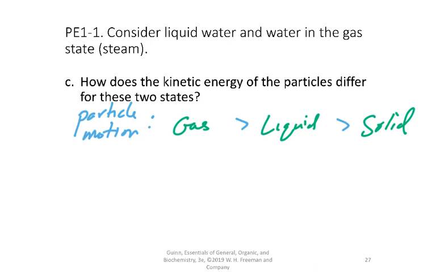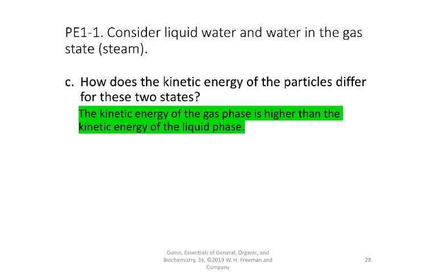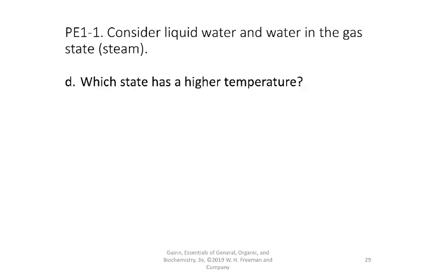And so we would say the kinetic energy of the gas phase is higher than the kinetic energy of the liquid phase. And finally, which state has the higher temperature? So temperature is what? How does this relate to kinetic energy? It's the average kinetic energy.